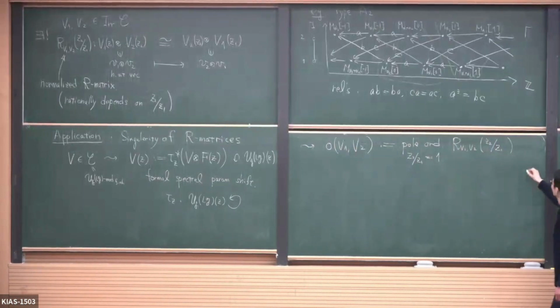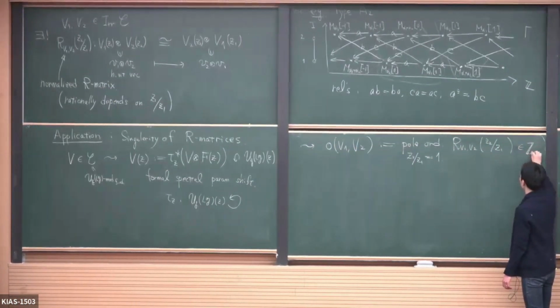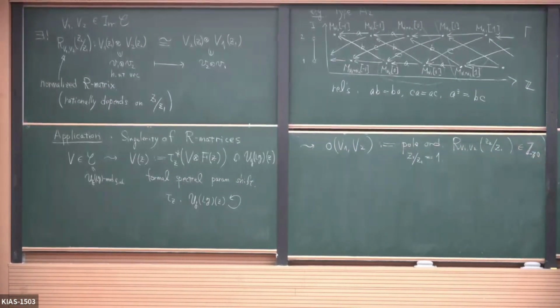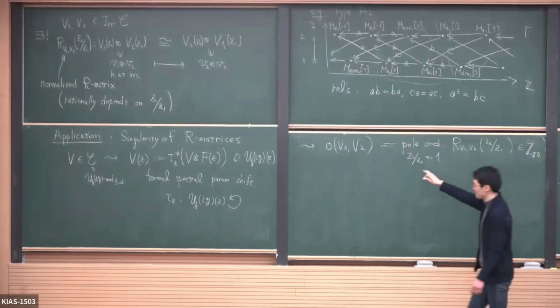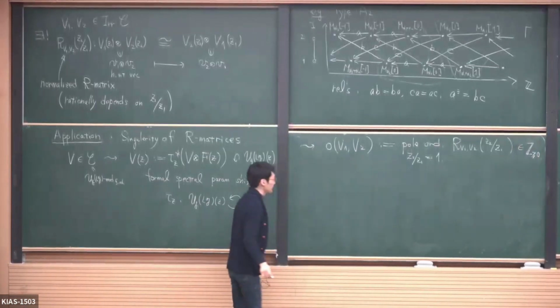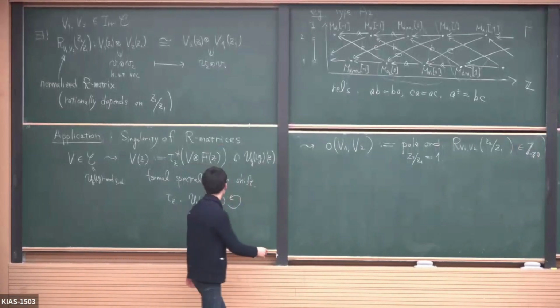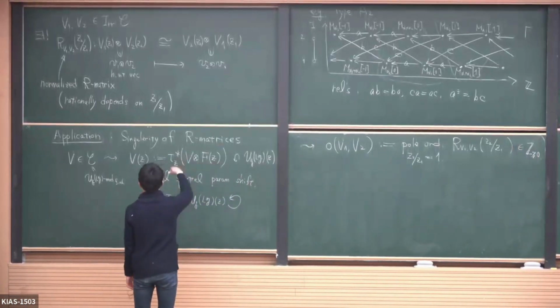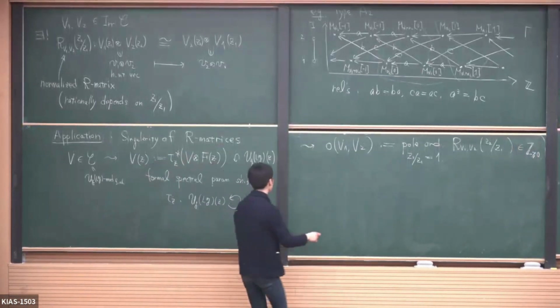So we can consider this. So this is by definition a non-negative integer. And this numerical invariant is very important to study the tensor product structure of representations.